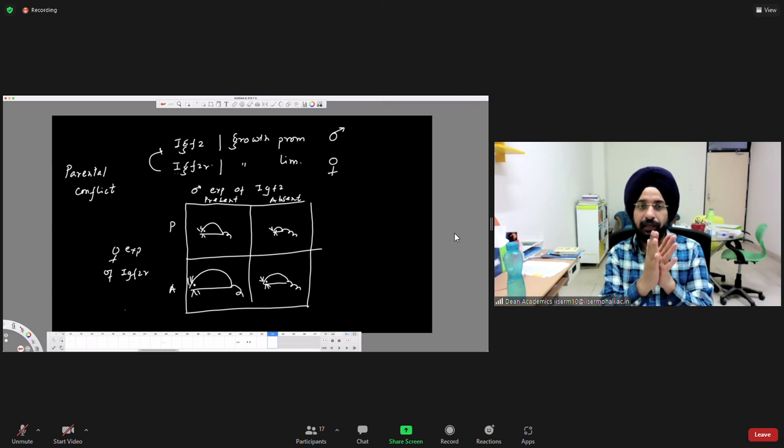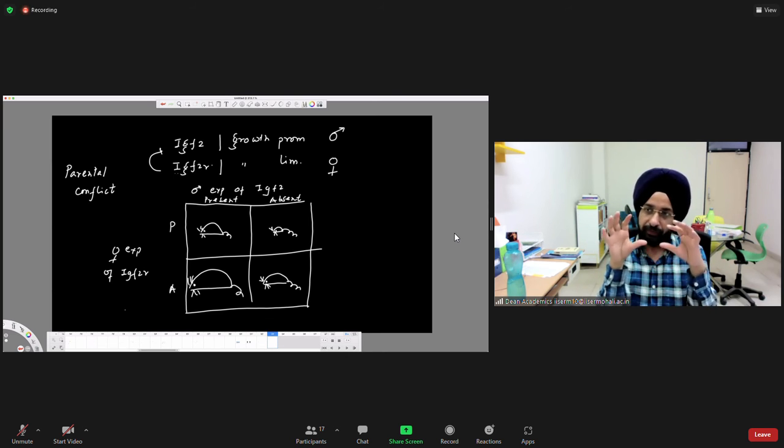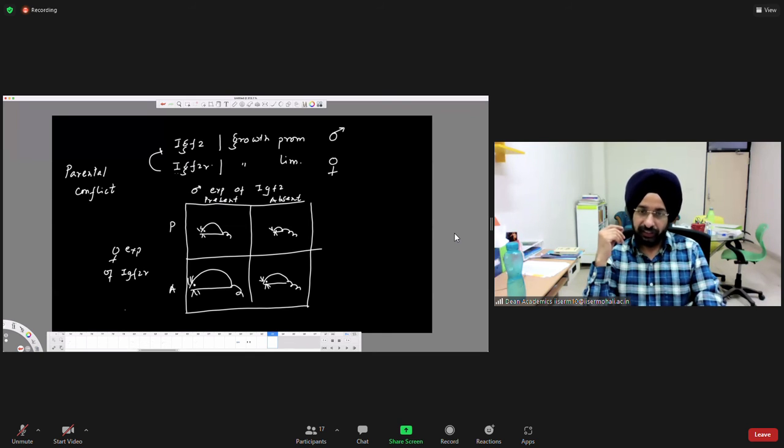Okay. In the next class, we will look at more theories, and this is called genomic imprinting. When you have imprinted expression, we call it parent of origin effect. The expression of an allele will depend on which parent it is coming from. So the expression of alleles is parentally fixed.